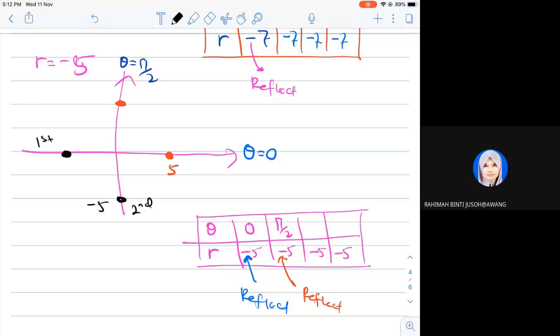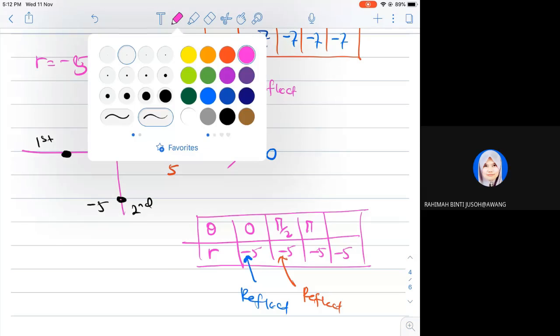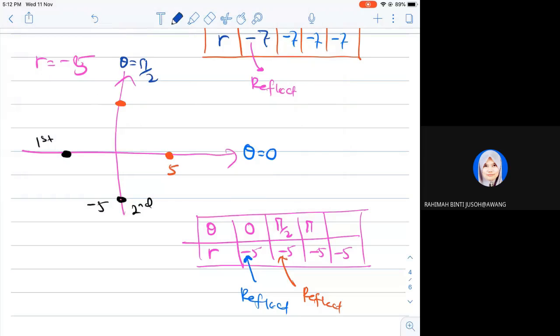Okay. The same thing happens here. Let's say theta equals to pi. Where is the position of theta equals to pi? Kiri, on the left. Suppose dia dekat kiri ni, so sepatutnya titik kena berada dekat sini, kalau R tu positif. However, the value is negative, so kena reflect.